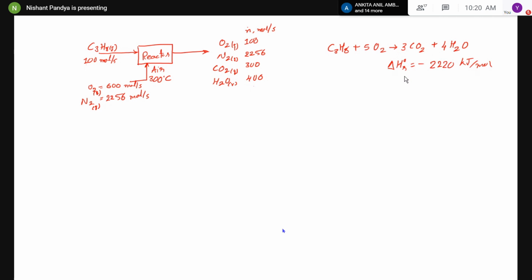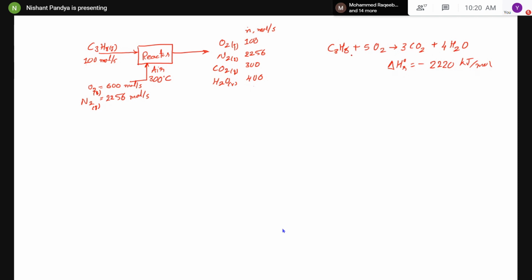In most book references, this value, 2220 kilojoule per mole, represents the substance reacted, or per mole of product produced, but in stoichiometric quantity. So 2220 kilojoule is for 1 mole of C3H8 reacted, coefficient 1, or 5 mole of O2 reacted, or 3 mole of CO2 produced, or 4 mole of H2O produced.